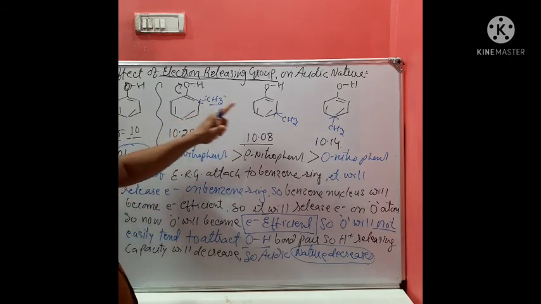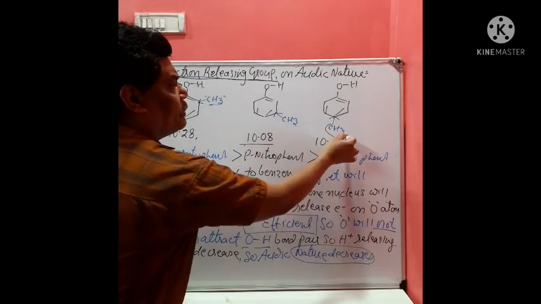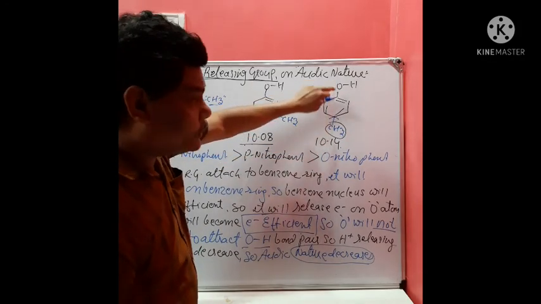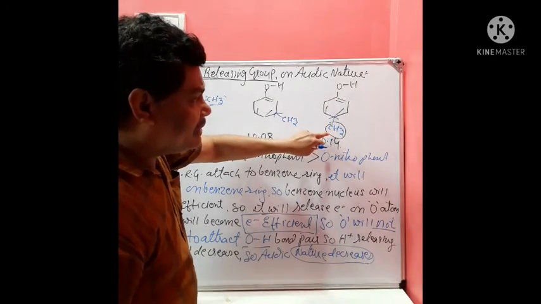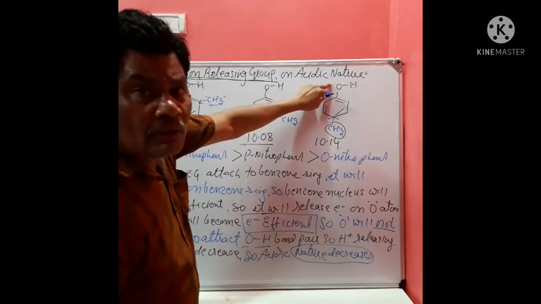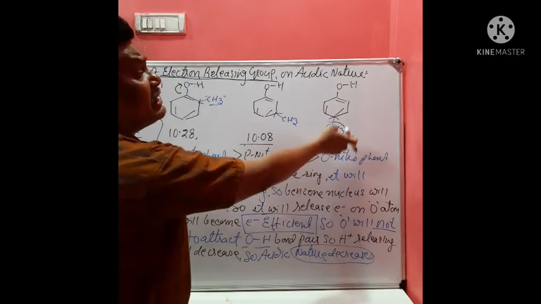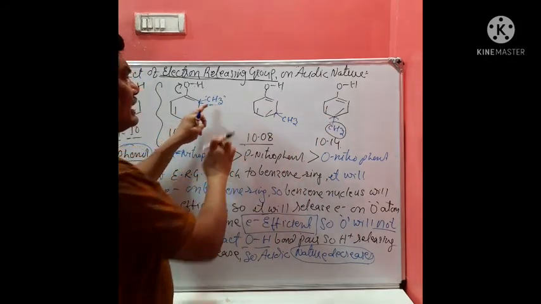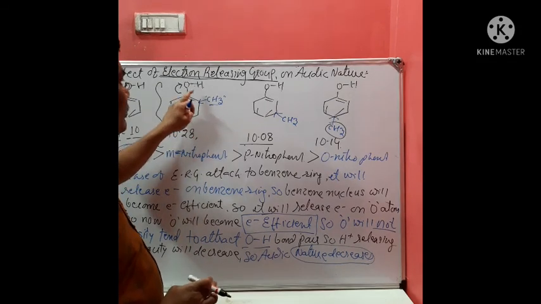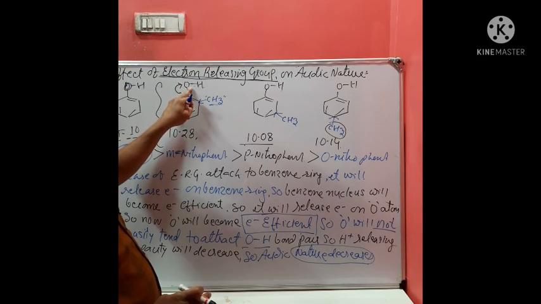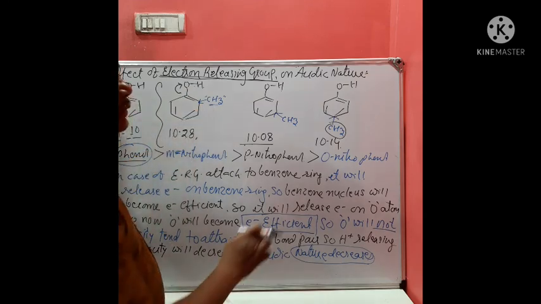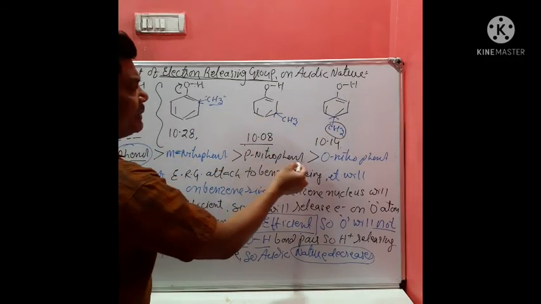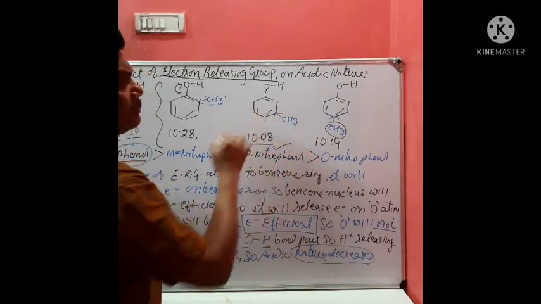This is because in the para position, the electron releasing group is very, very far away from O. So as the distance from O is more, the electron releasing effect will decrease. In ortho, the electron releasing group is very near to the functional group, therefore its effect is higher, while here it is very, very far, therefore its effect is lesser, and therefore between para and ortho, para is more acidic.